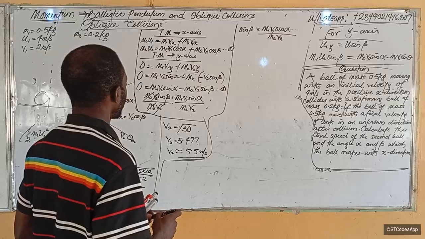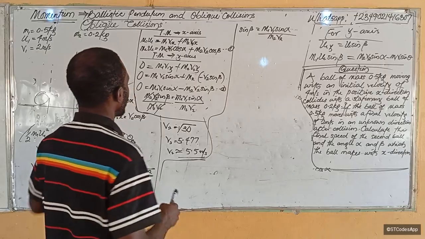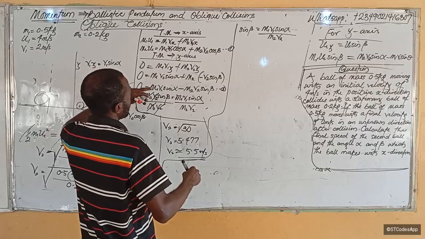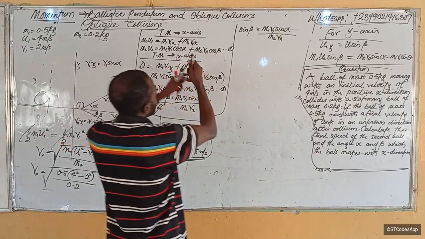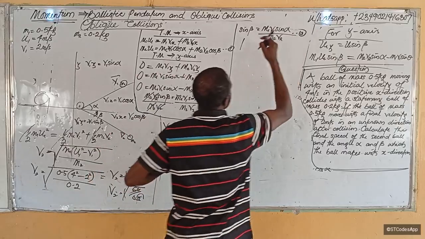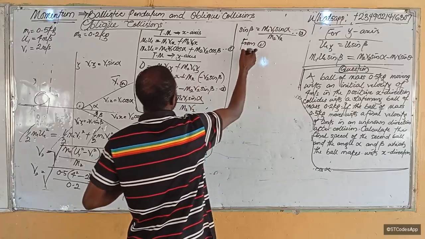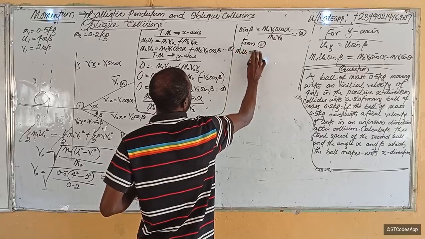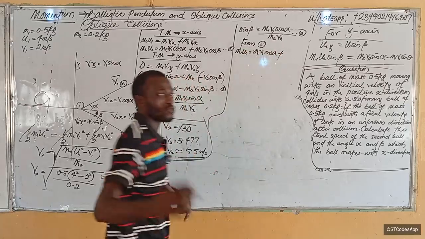let's invent something. Let's call this one equation 3. Now let's make an expression for beta again, from equation 1. You know equation 1 is m1u1 equal to m1 v1 cos alpha plus m2 v2 cos beta. Just follow me, you will get it.